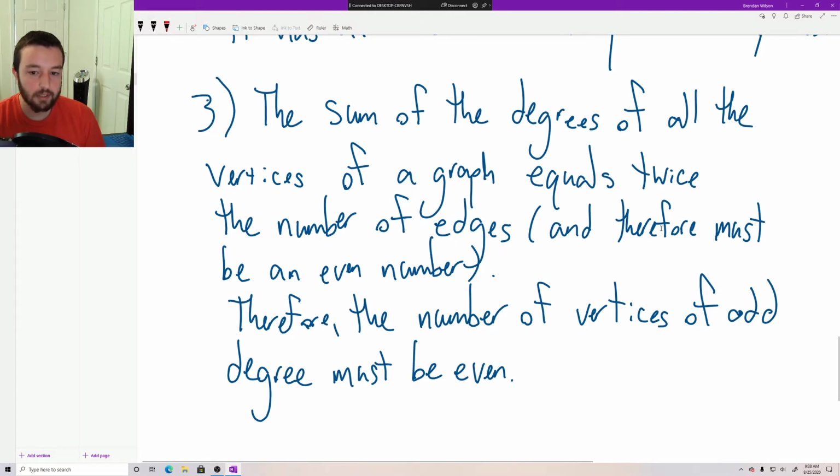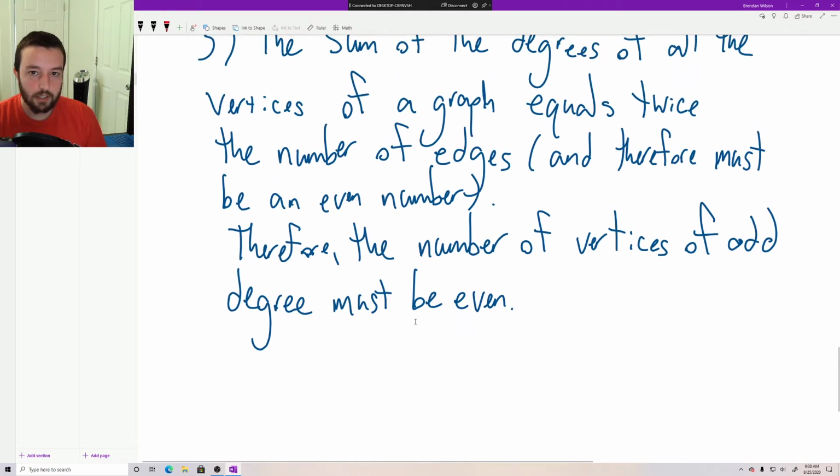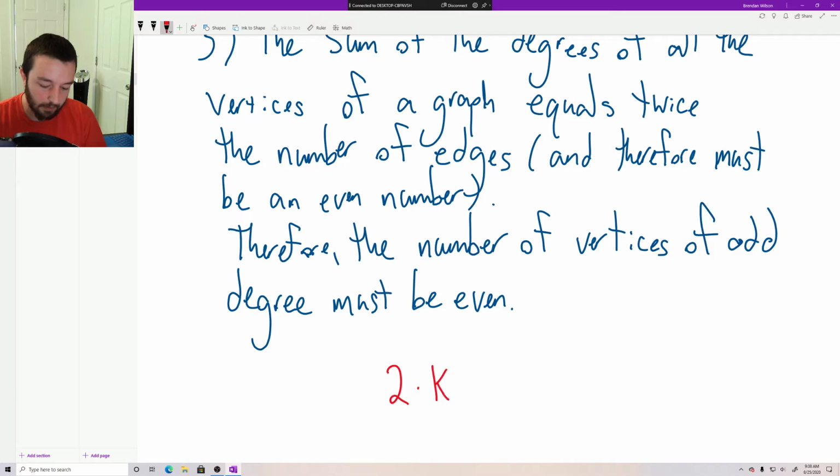So let's look at the parentheses now. Therefore, it must be an even number. So all this is really saying is that 2 times anything must be an even number. Okay, and that's true because by definition, an even number is something that's divisible by 2. If you take 2 and multiply it by any number, say like k, it doesn't really matter what the number is.